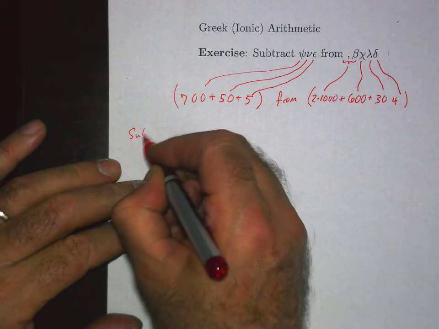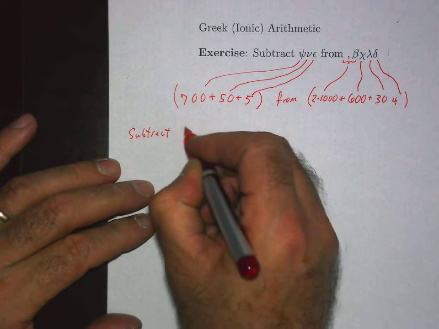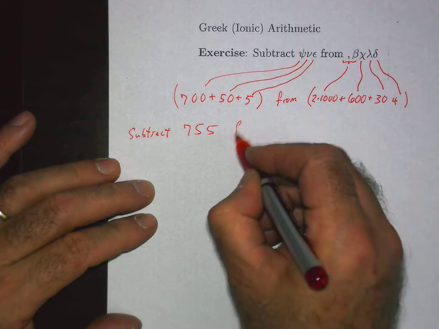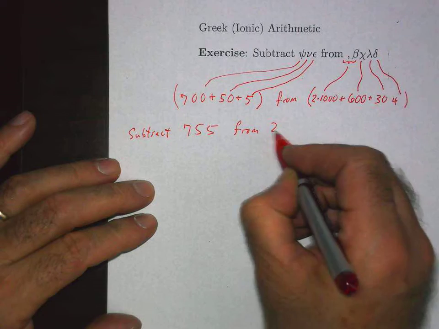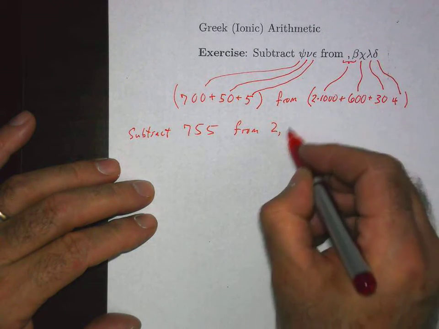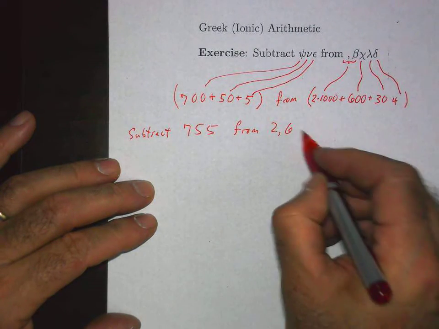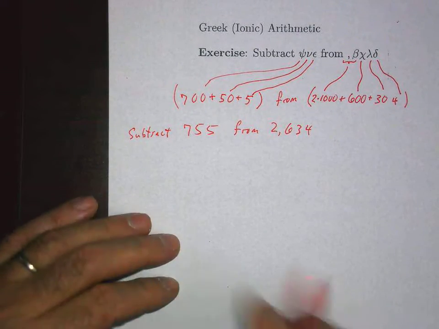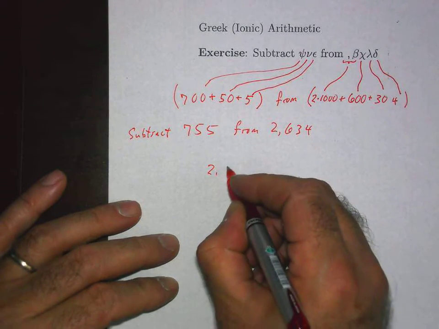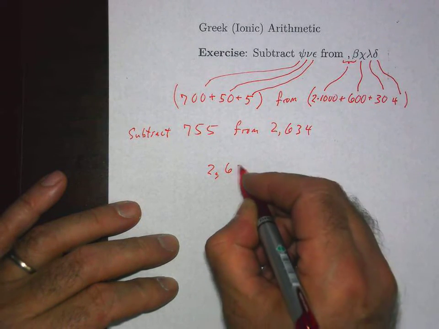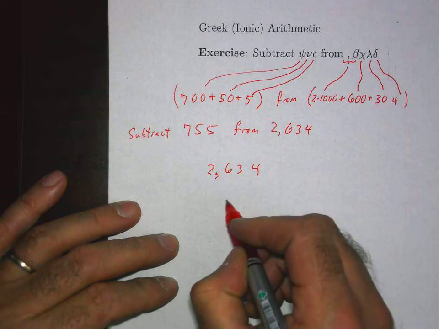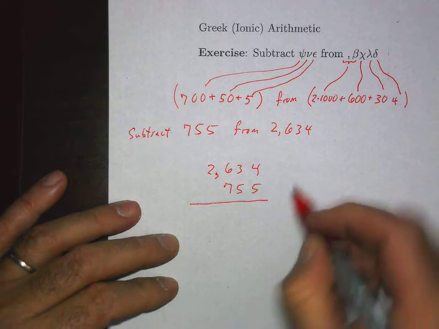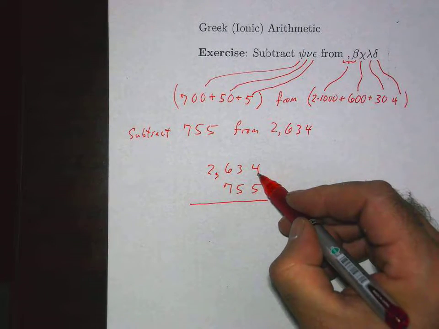So we want to subtract 755 from 2,634. Okay, we have to borrow right off the bat.